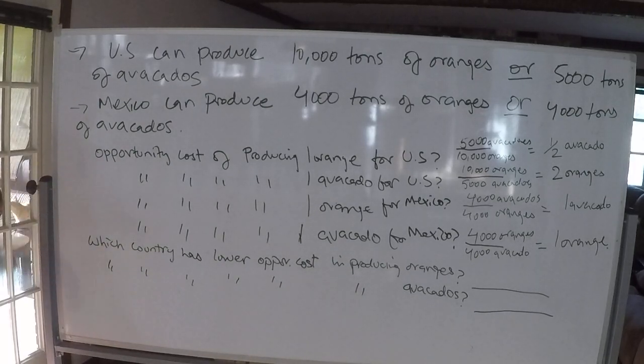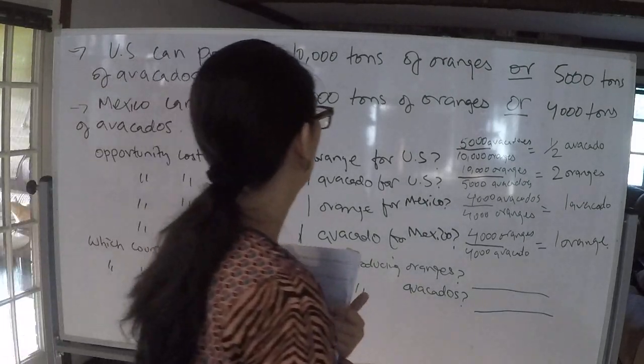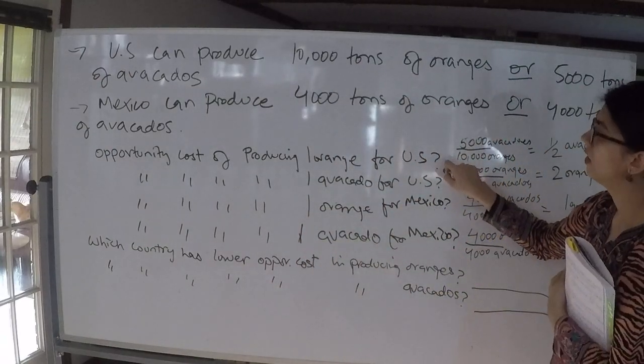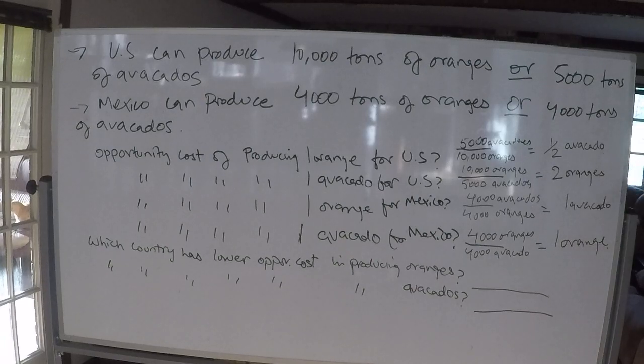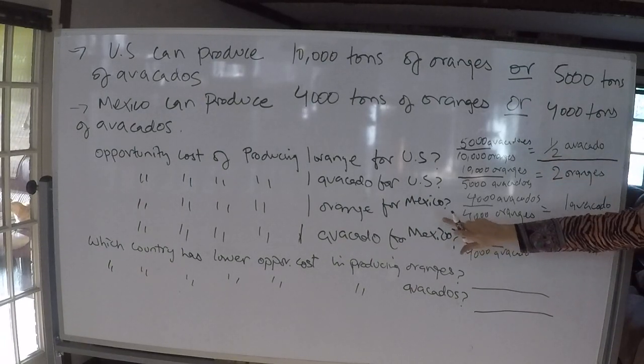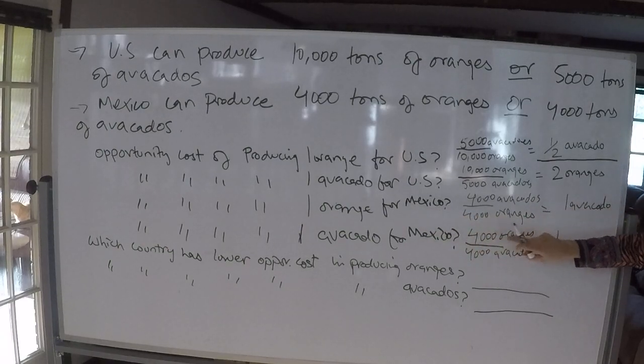So who has a lower opportunity cost, or comparative advantage, in producing oranges? Well, for US, the opportunity cost of producing an orange is half an avocado. For Mexico, producing 1 orange is 1 avocado.